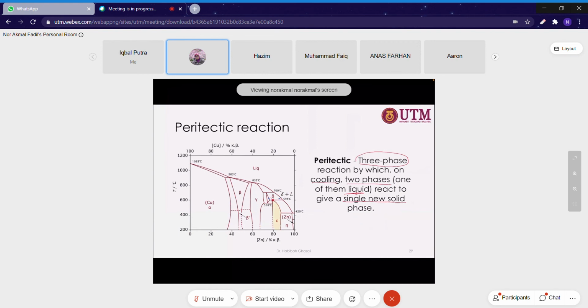For example, at this region, it contains delta plus liquid. So one of them is liquid, and upon cooling, it produces one single phase. Or upon heating, one single solid phase transforms into two different phases, one of them being liquid.